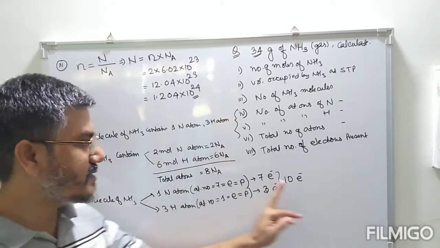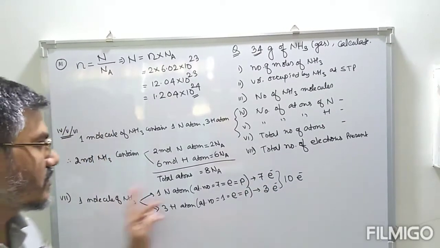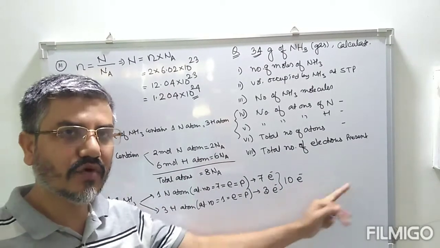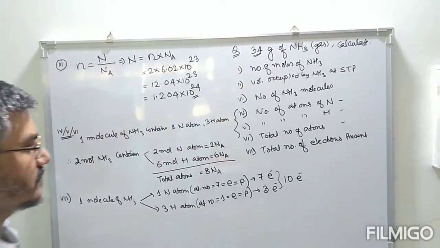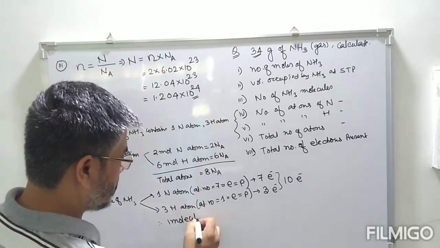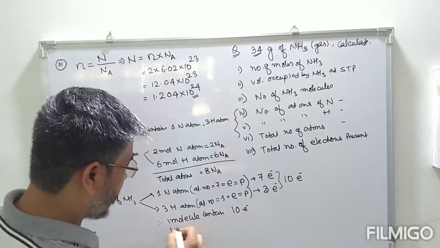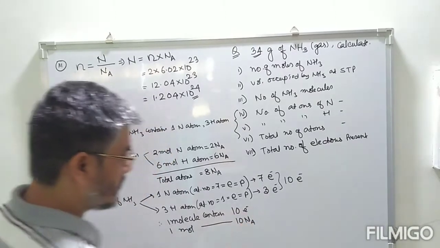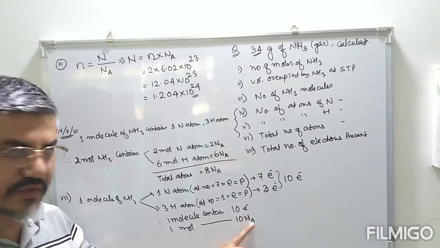If one molecule contains 10, 2 molecules will have 20 electrons, 7 molecules will have 70 electrons, 1 mole will have how many electrons? 10 mole electrons. But 34 gram is equivalent to 2 mole. Therefore, 1 molecule contains 10 electrons. Therefore, 1 mole will have 10 mole electrons. So 10 mole means 10 into Avogadro number.